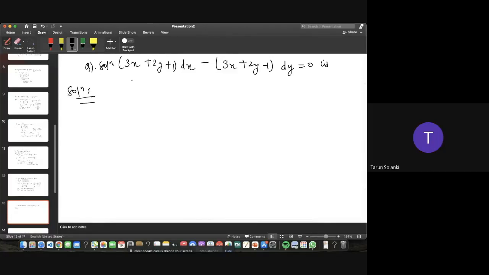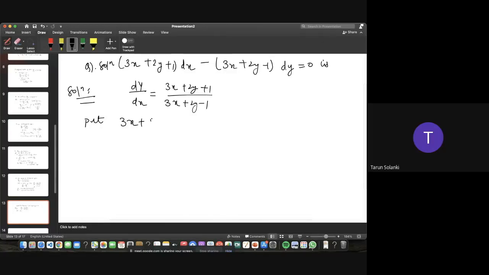So we have dy/dx = (3x + 2y + 1)/(3x + 2y - 1).